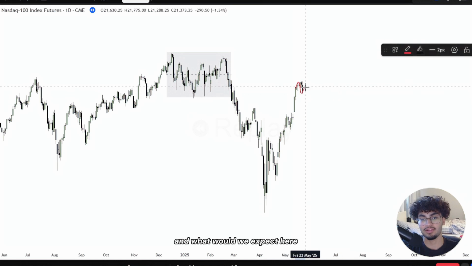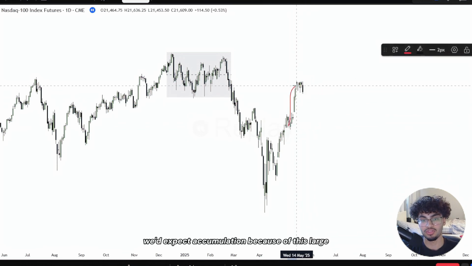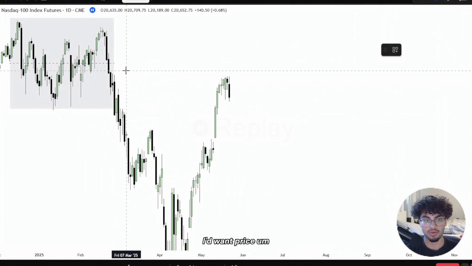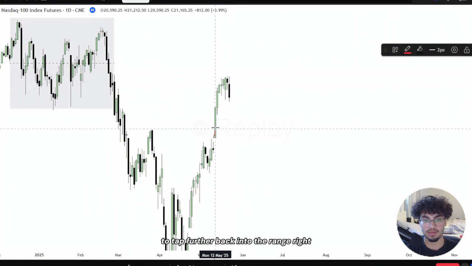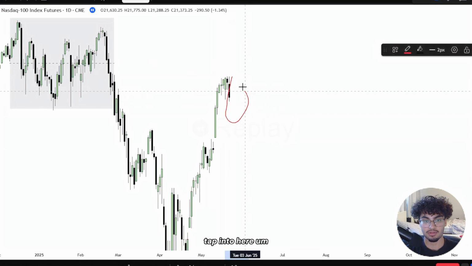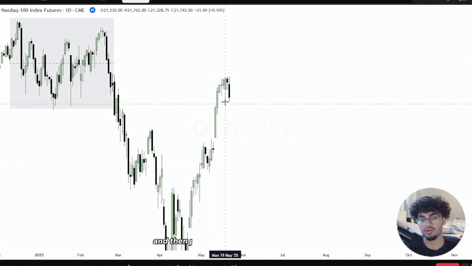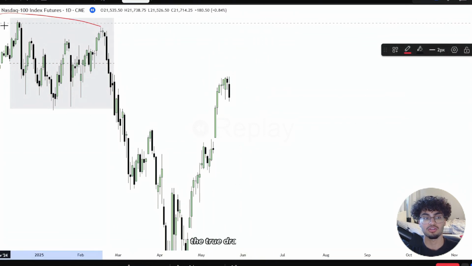And what would we expect here? We'd expect accumulation because of this large expansion. So ideally, I'd want price to tap further back into the range, right? Tap into here, into the discount of this leg higher, and then possibly continue higher towards the true drawn liquidity.